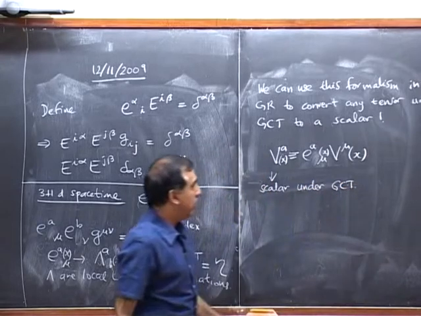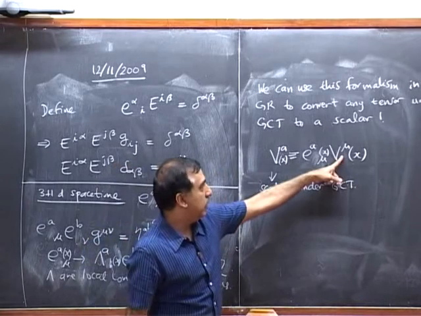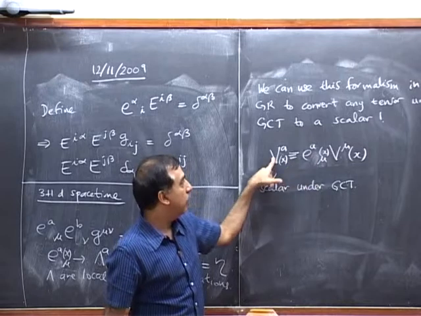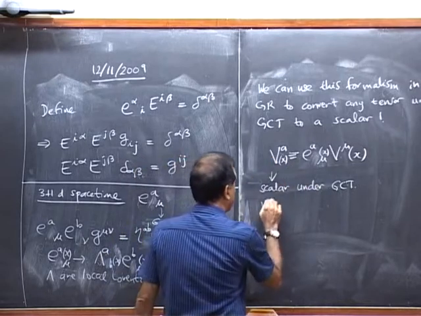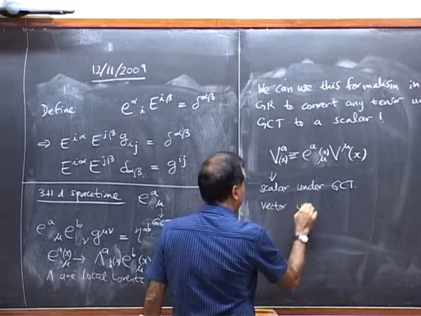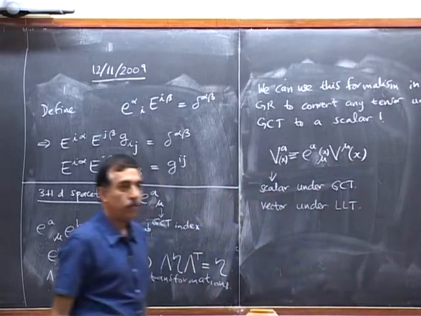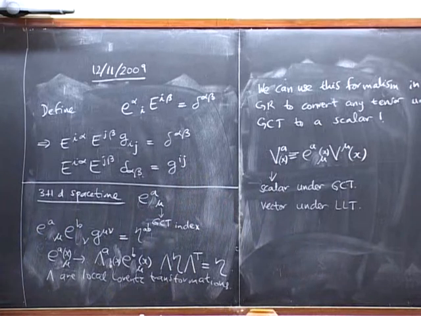On the other hand, if I make an LLT, local Lorentz transformation, this doesn't care, but this transforms. Therefore, this also transforms. So vector under LLT. So we've given up something and we've got something else.